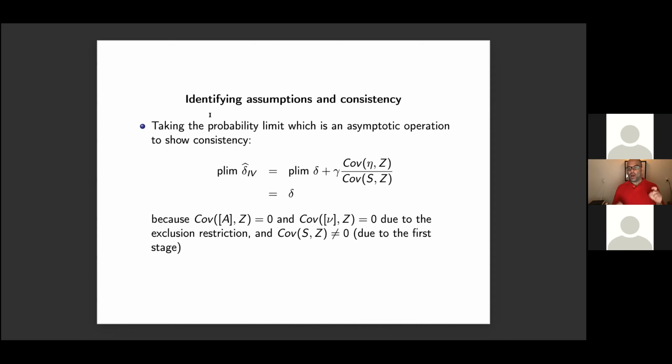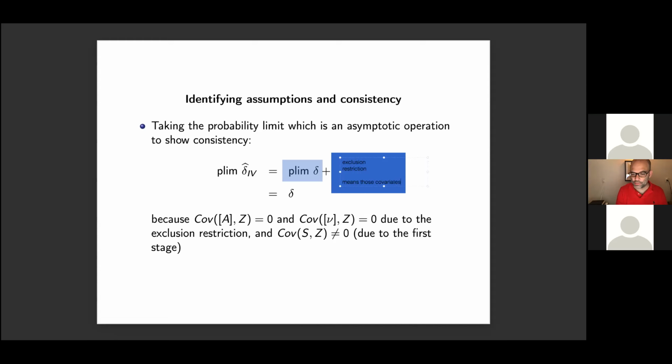Now, applying those assumptions, when we allow n to go to infinity, the probability limit of IV is on average equal to the true effect. So we need these other assumptions to be 0. In the limit, if Z is a good instrument, that's a 0, and we get the true effect. Now, when this is 0, we call this the exclusion restriction.